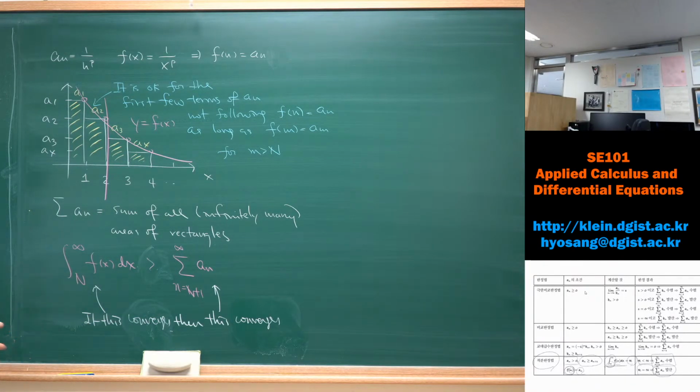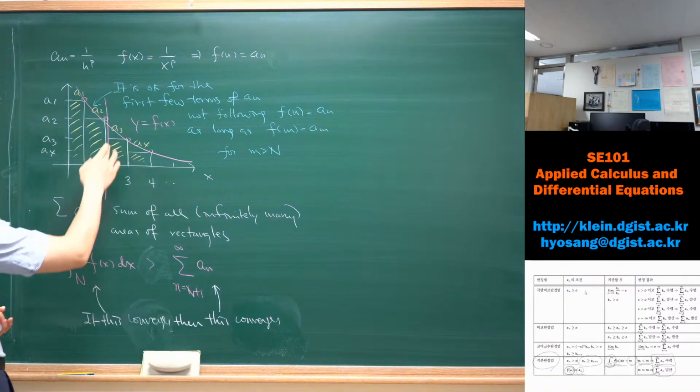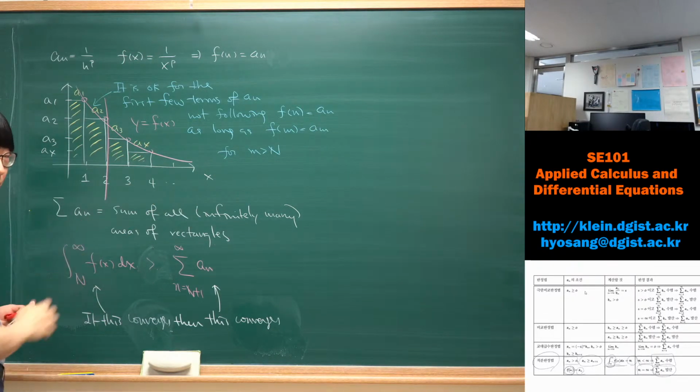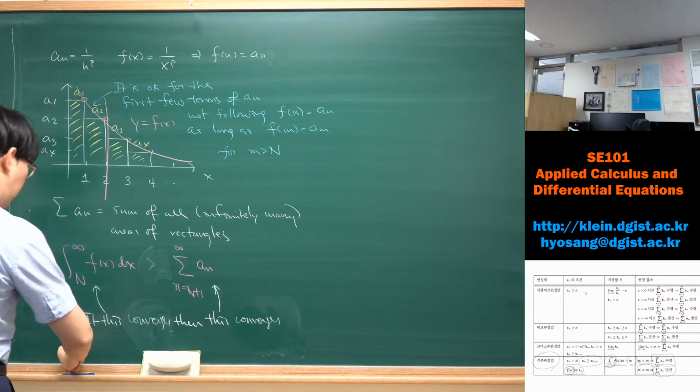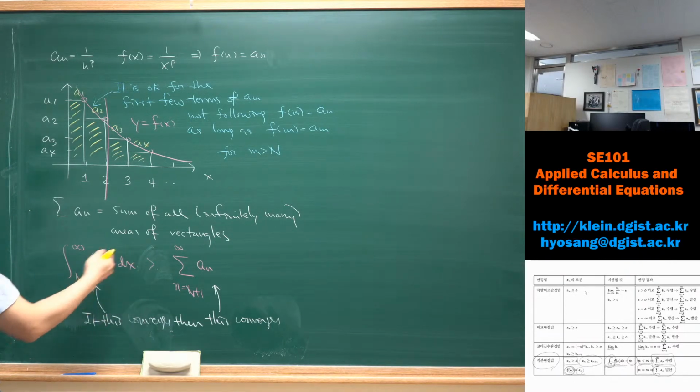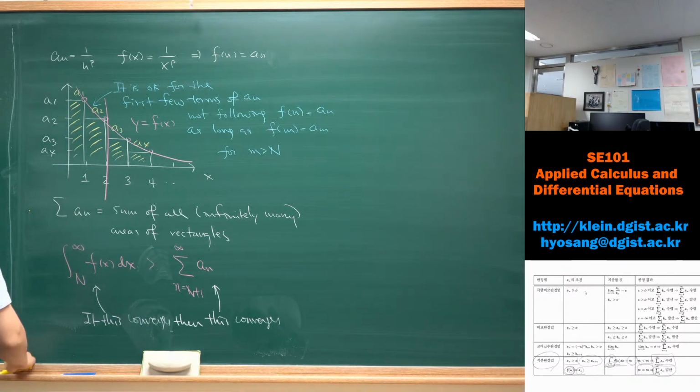So what if the situation is opposite? What if this larger area, the area under the curve, diverges? Because it's an improper integral, it could diverge, then we cannot say anything about this sum of areas by looking at this inequality. However, if I take the area of a rectangle in a different way, then I can make the opposite inequality.